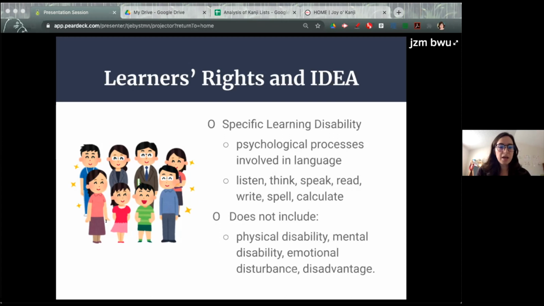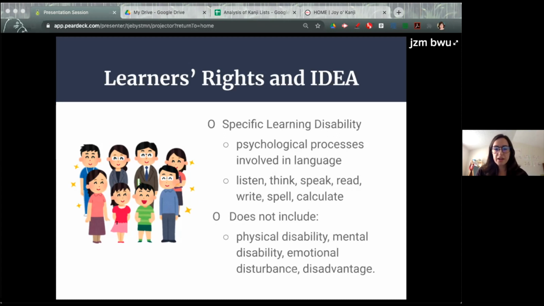This is a term that comes directly from the law, and it refers to the psychological process involved in processing language and information. It's helpful to be familiar with the specific terms in the Act, because specific learning disability is a legal term.